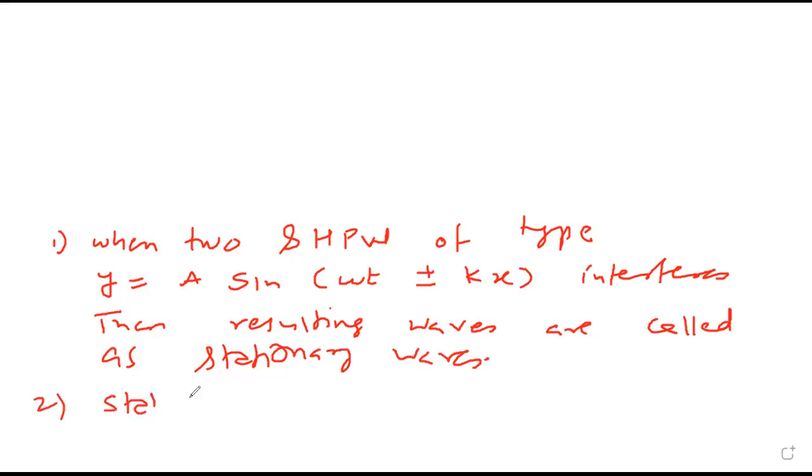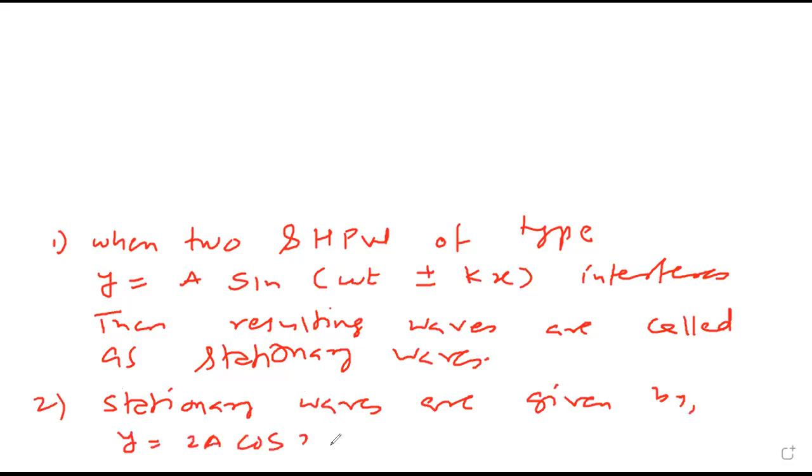Stationary waves are given by y equals 2a cos(2 pi x upon lambda) sin(omega t).